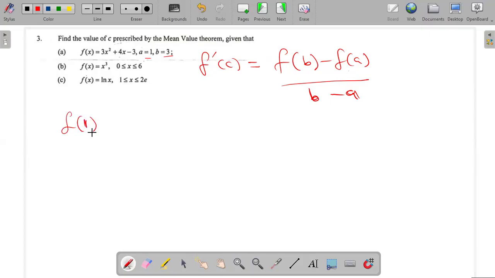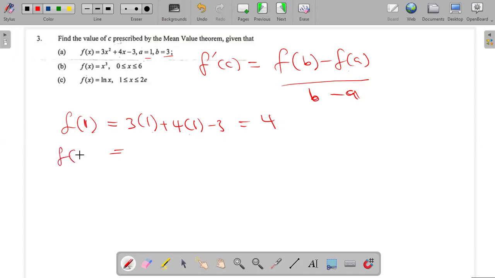Let's start with f of a, replacing 1 there. I remain with 1 plus 4, that's 1 minus 3. So this gives me 7 minus the 3, so I remain with 4.